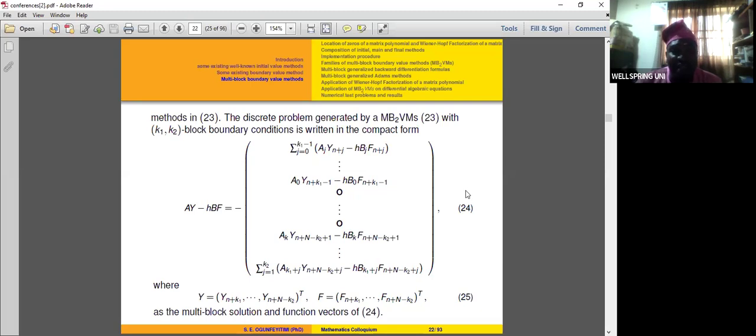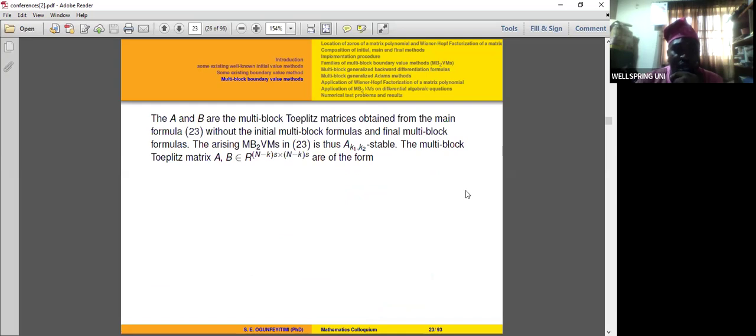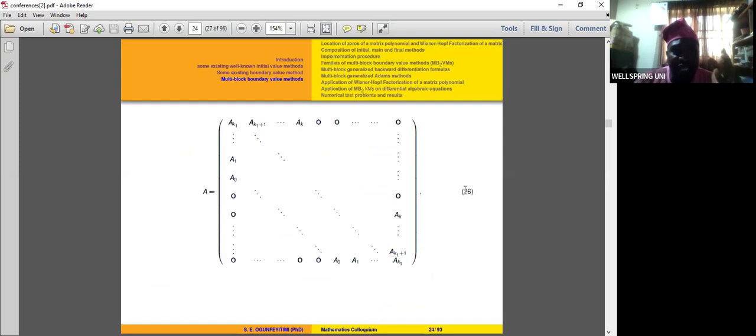Where Y and F are the multi-block of solution and function vector of 24. The A and B, as earlier mentioned, are multi-block matrices obtained from the main method without initial multi-block formula and final formula. For the A, from the first column, A naught to AK1 are the initial solution we need to bring in.